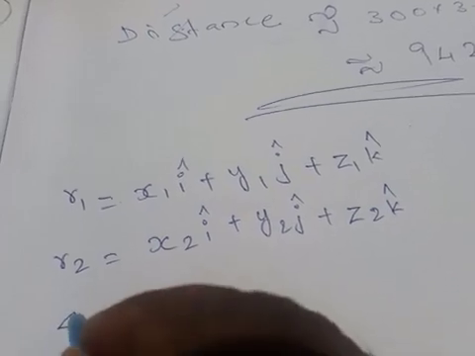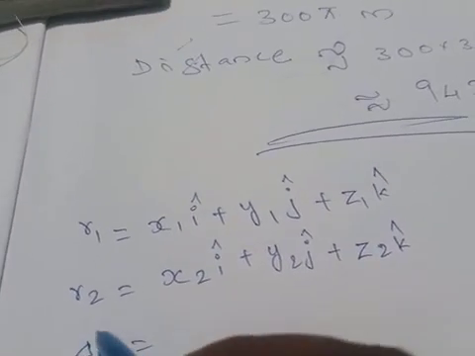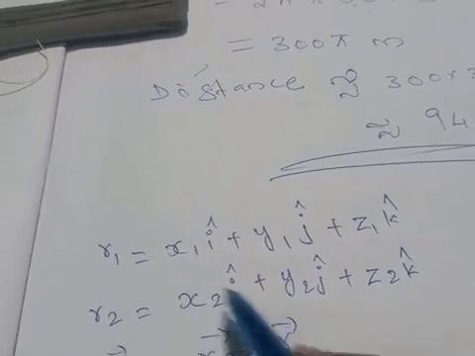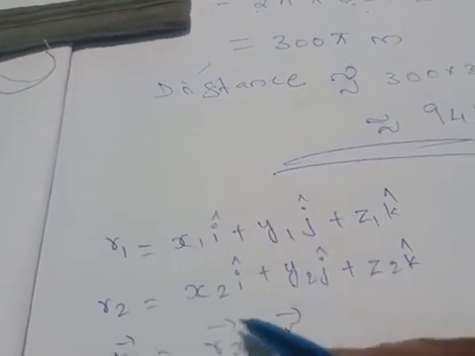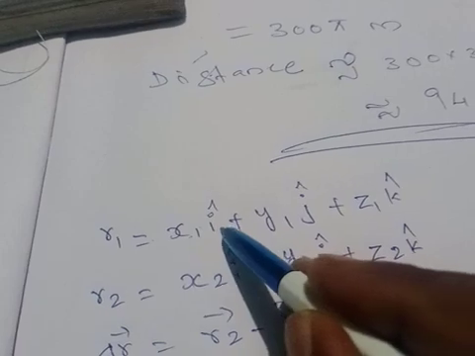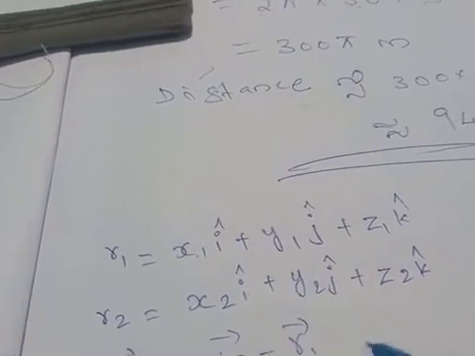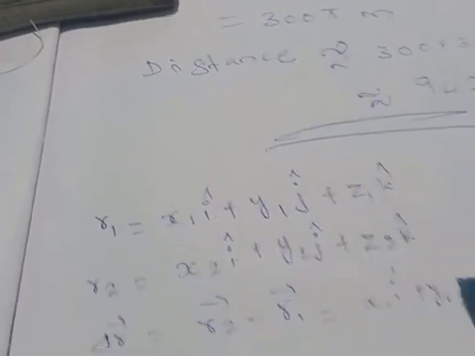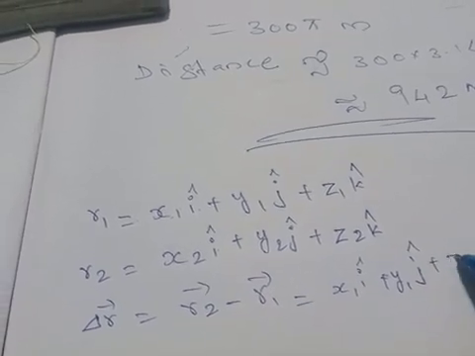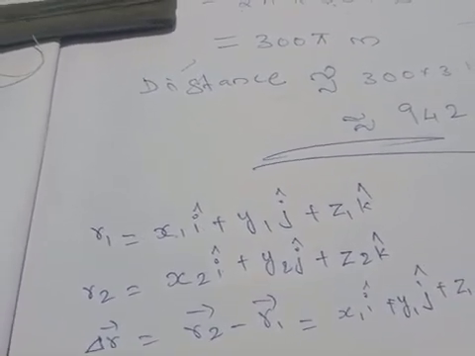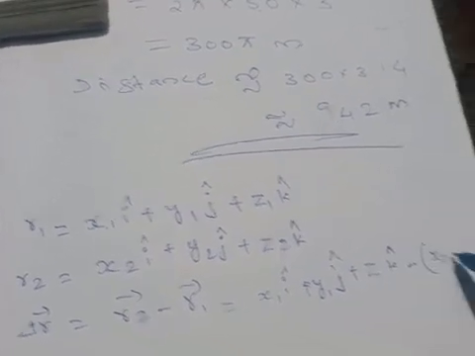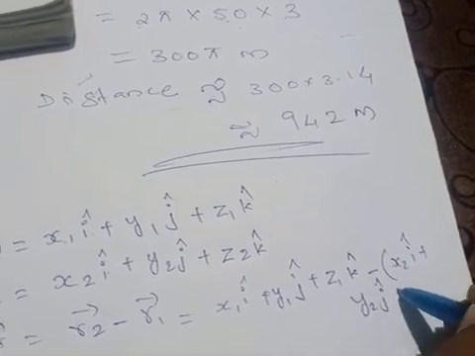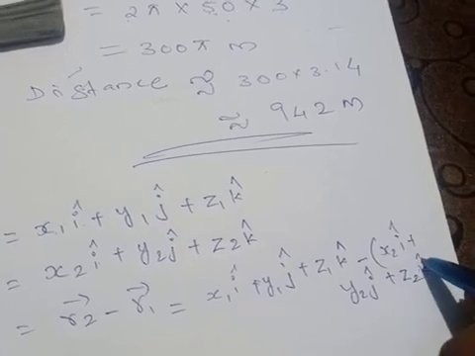Now if you are finding the position vector delta r, you know that it is r2 minus r1 vector.